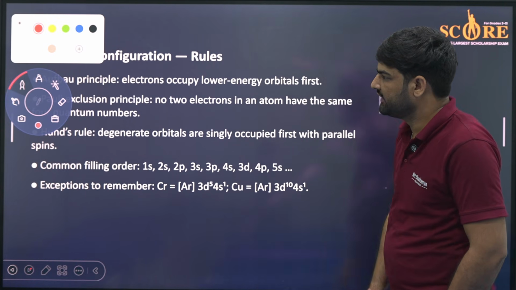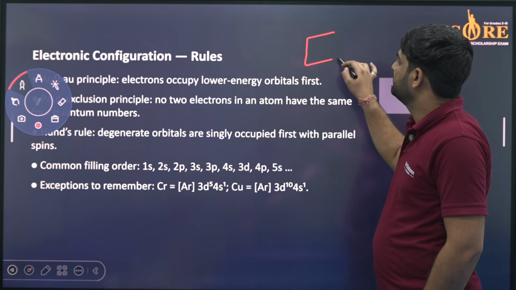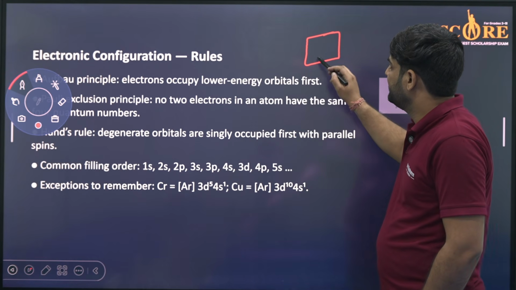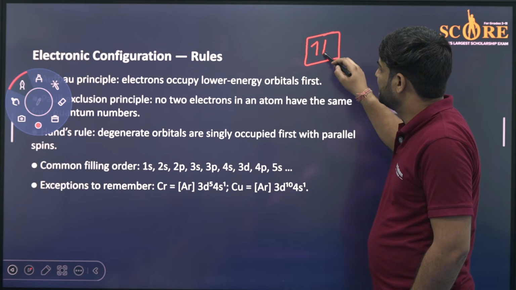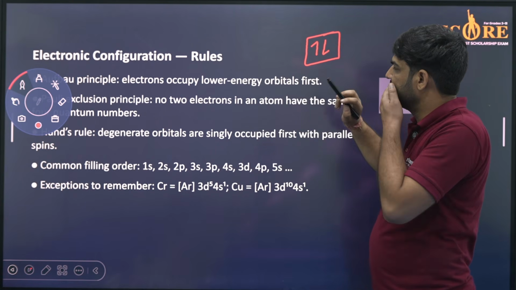First is the Pauli exclusion principle. What does this principle tell? It tells that an orbital can accommodate a maximum of 2 electrons with opposite spin.